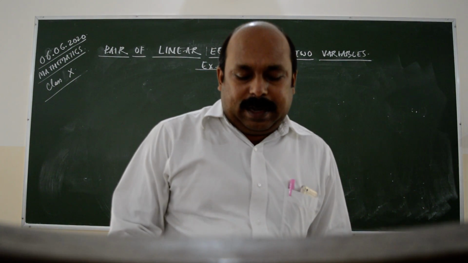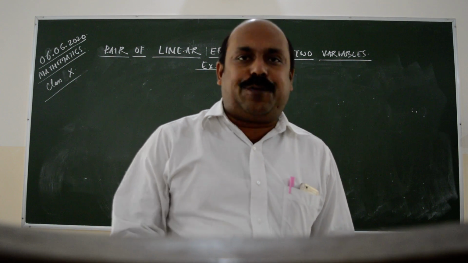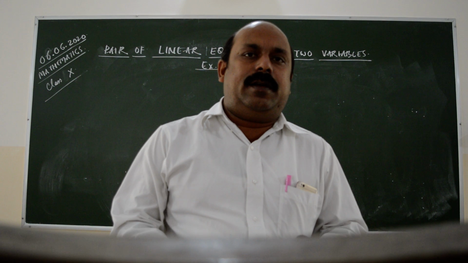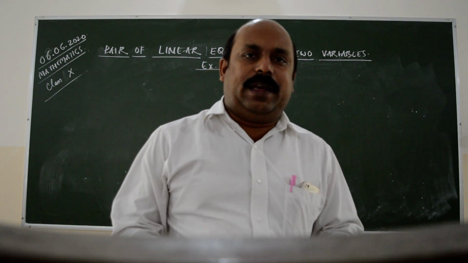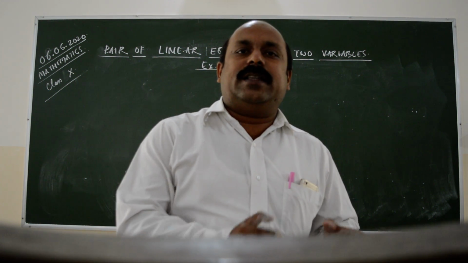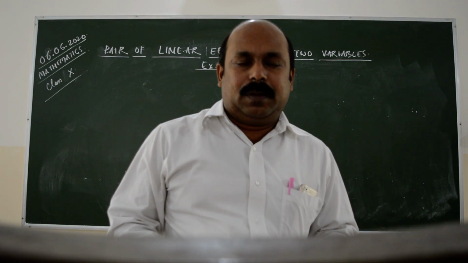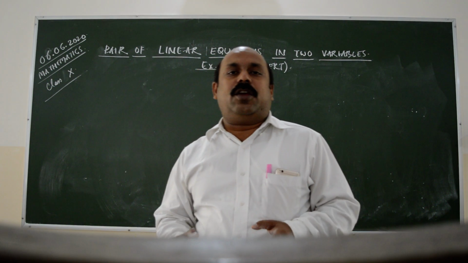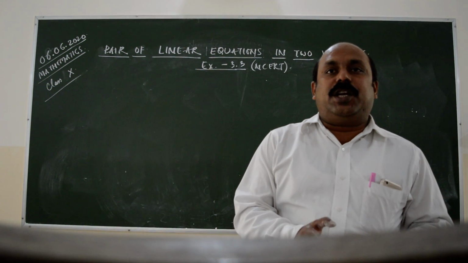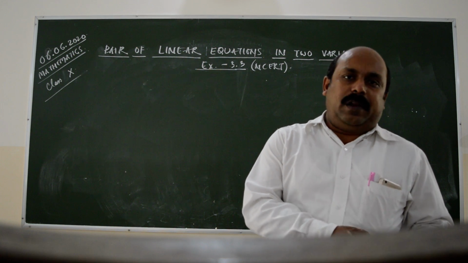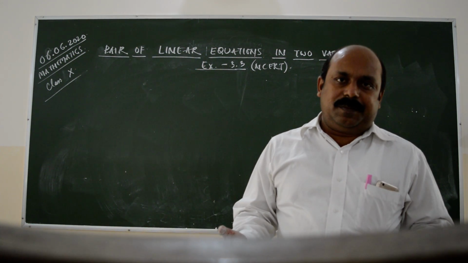Today we are going to discuss exercise 3.3 of NCERT. Basically in this exercise we will learn a method of solving a pair of linear equations. It is an algebraic method known as the substitution method. As the literal meaning of the word suggests, substitution means to replace the value of one variable in terms of the other variable.